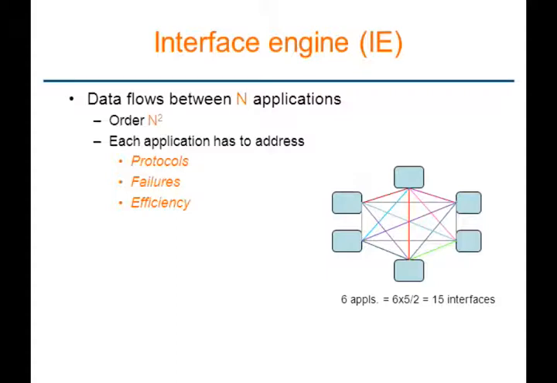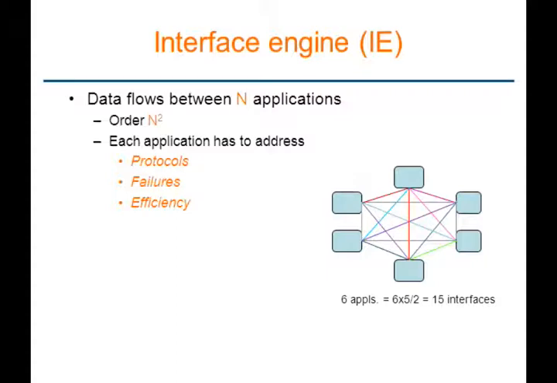Each application has to consider what the failure situation is. In other words, if any one of the 5 recipients is currently not available because it's been brought down, then each sending application has to worry about all the data that was supposed to go to that recipient and keep track of it.